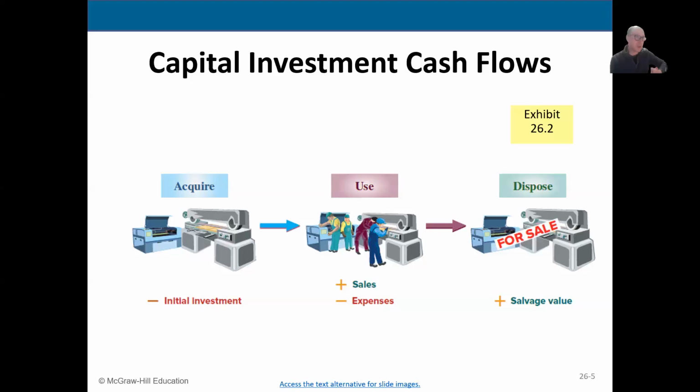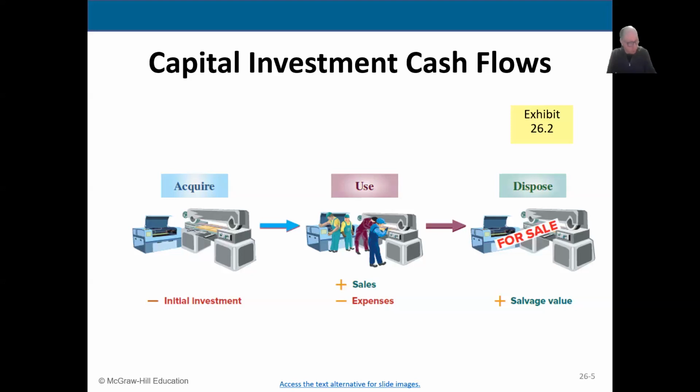Then we start using property, plant, and equipment to generate sales. Using the machine to create the goods that I'm selling to my customers. So cash is coming in from the sale of the goods that I'm making with my equipment.